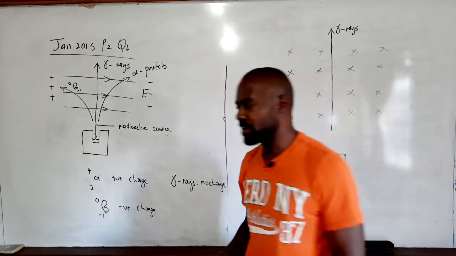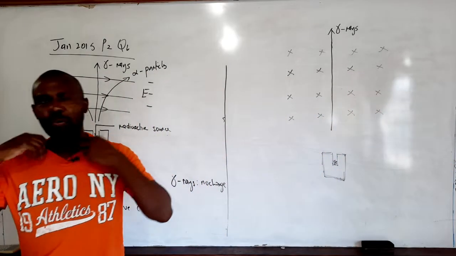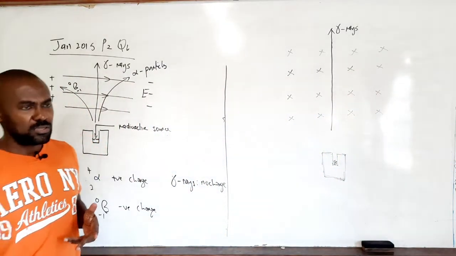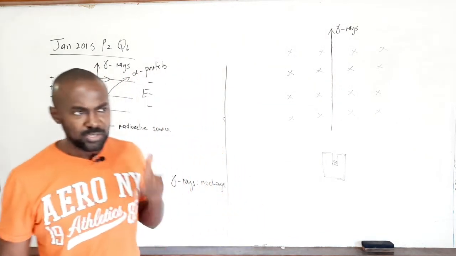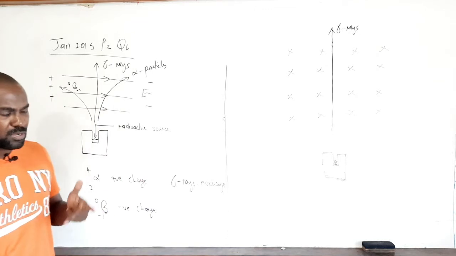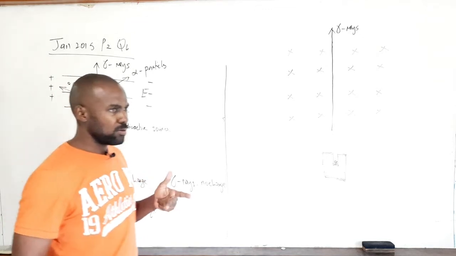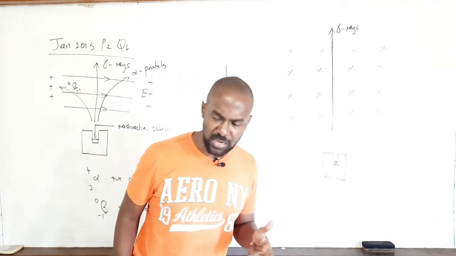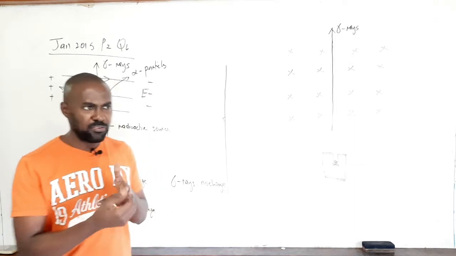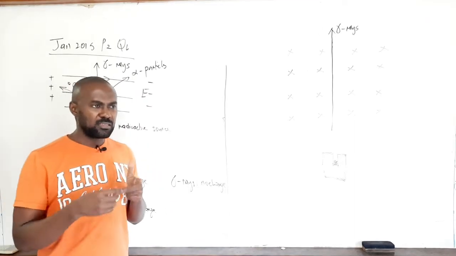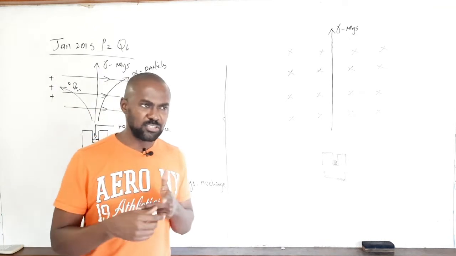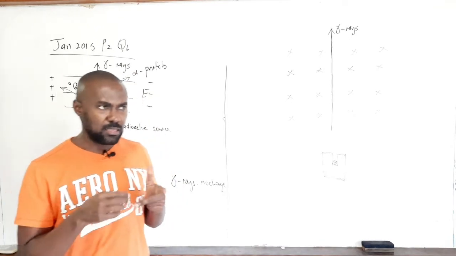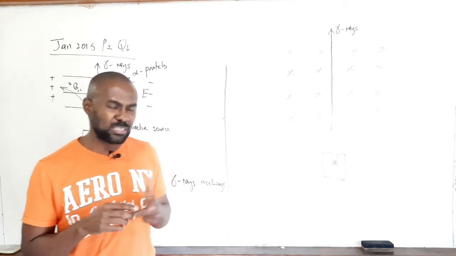Now, to predict the direction of the alpha particles and the beta particles, we must apply Fleming's left-hand rule. So Fleming's left-hand rule becomes important once again. According to Fleming's left-hand rule, we place the first finger and the second finger of the left hand in the direction of the magnetic field and the direction of the conventional current respectively.